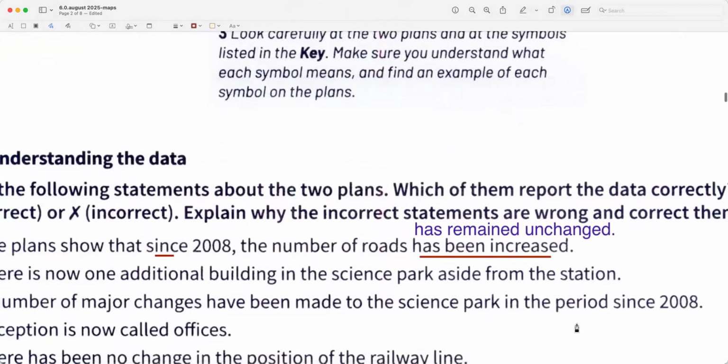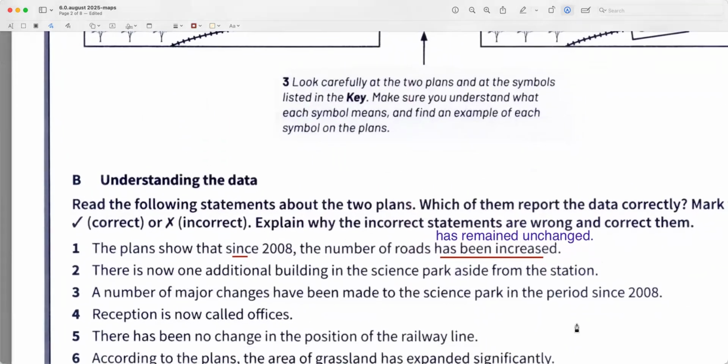Okay, next one, Mia. Number two. Mia, can you read out loud number two and then say whether it's correct or incorrect? If it's not correct, try to correct it. There is now one additional building in the science park aside from the station. This is incorrect.